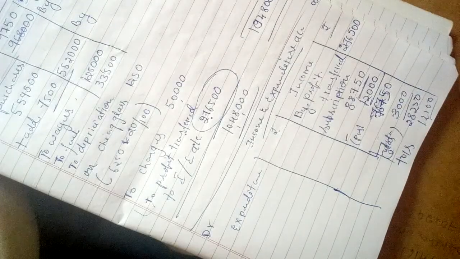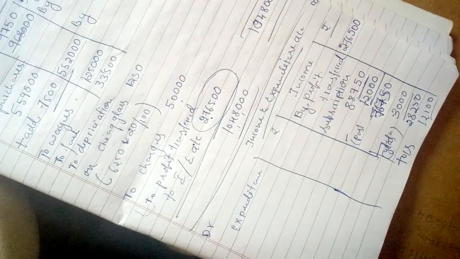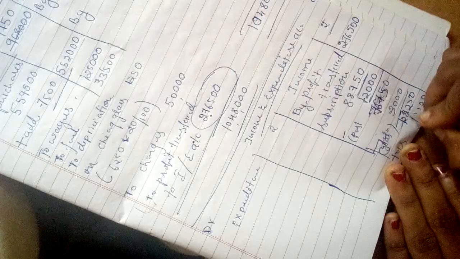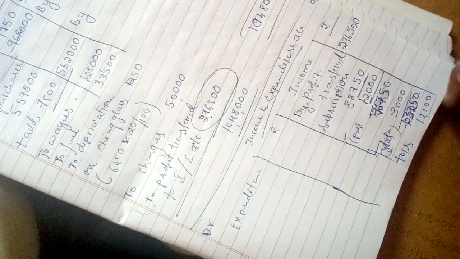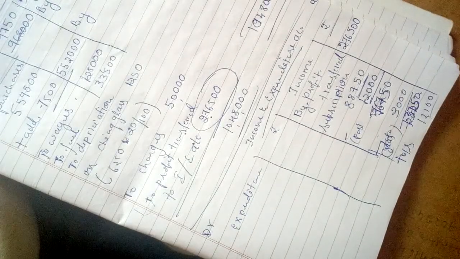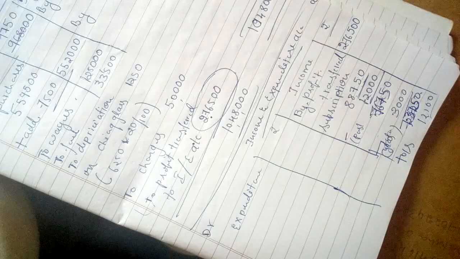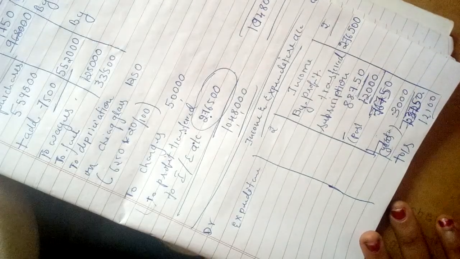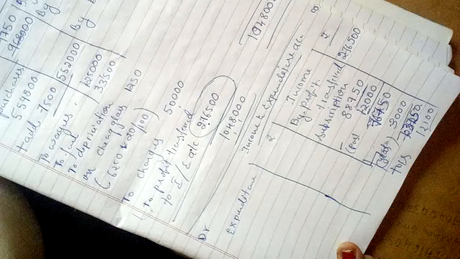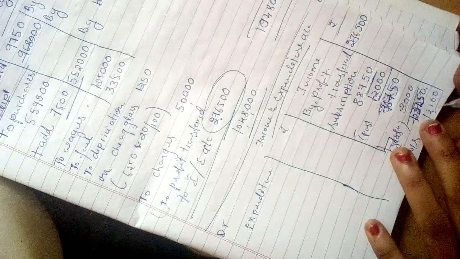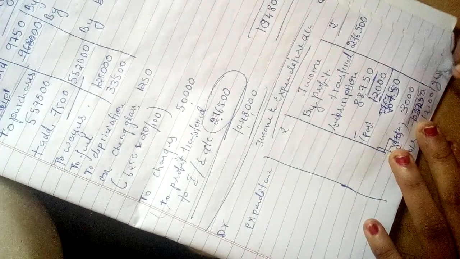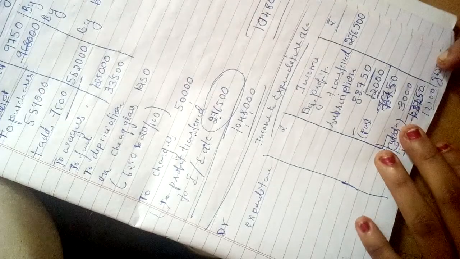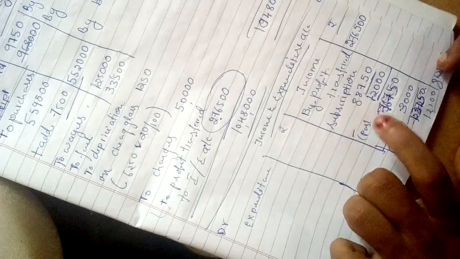Then we need to deduct of future year, so we are getting 73,750. Then we need to add the outstanding, that is 12,500. So we are going to get 86,250 as the value.